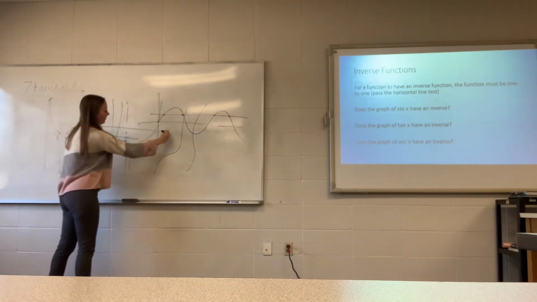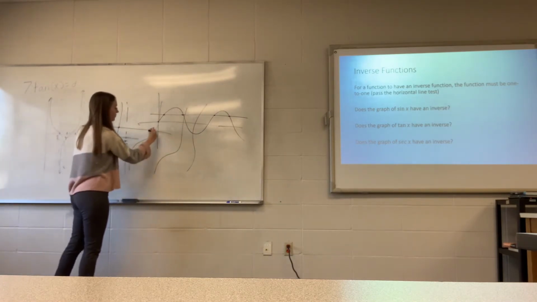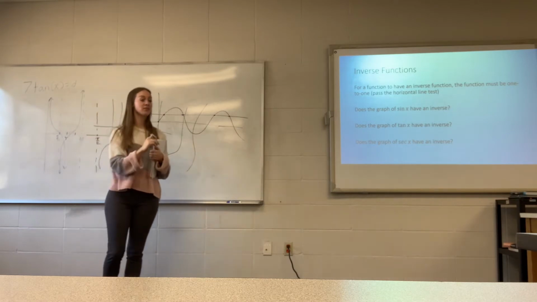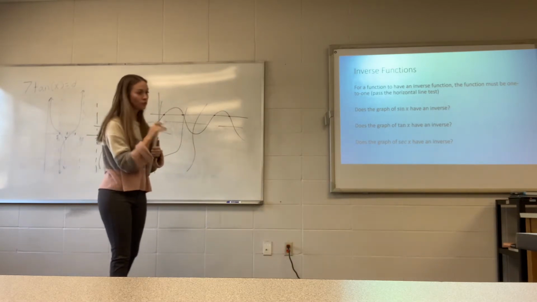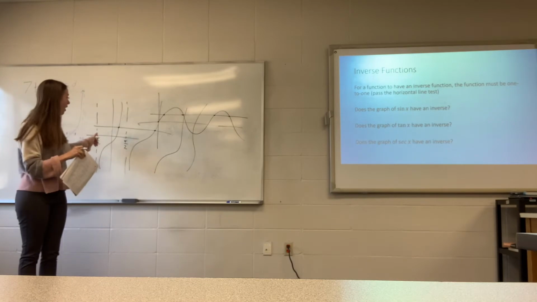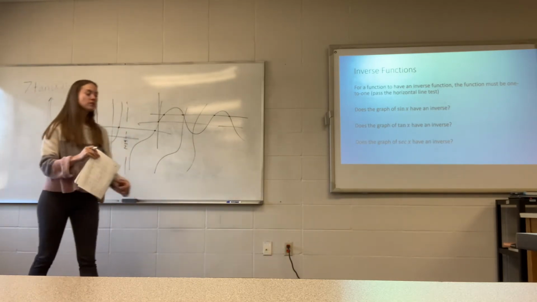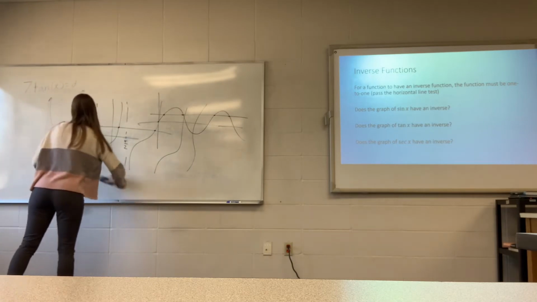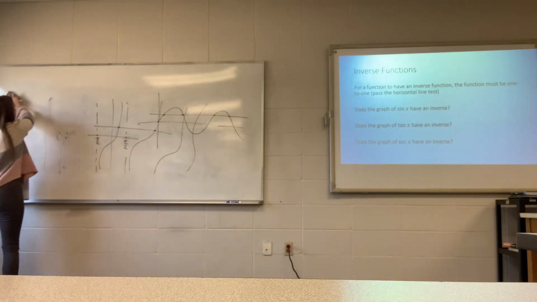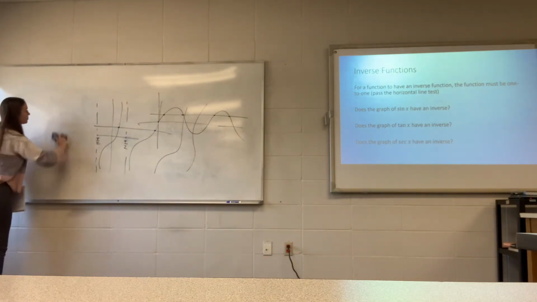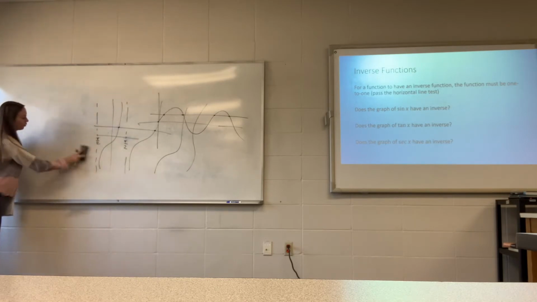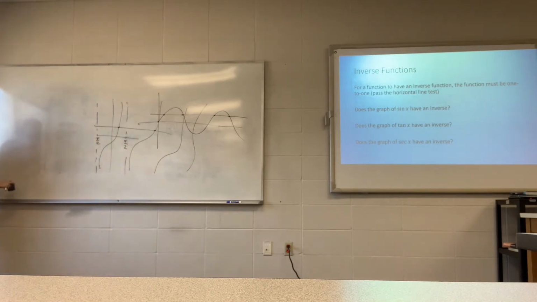It would pass a vertical line test, so it is a function, but it's not going to pass a horizontal line test. What do you guys think about secant? If we think about our u's, is that one going to pass? No.